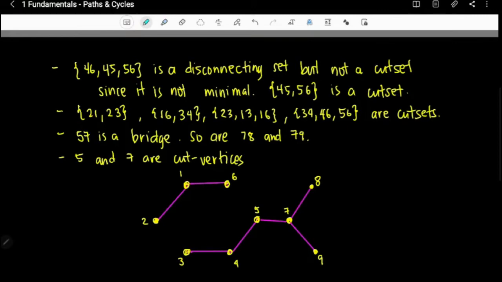So, there are a lot of cut sets. Not necessarily unique ang cut set. Hindi ibig sabihin na yung cut set containing 2, 3 are always this cut set. Pwedeng the same edge is contained in a different cut set.